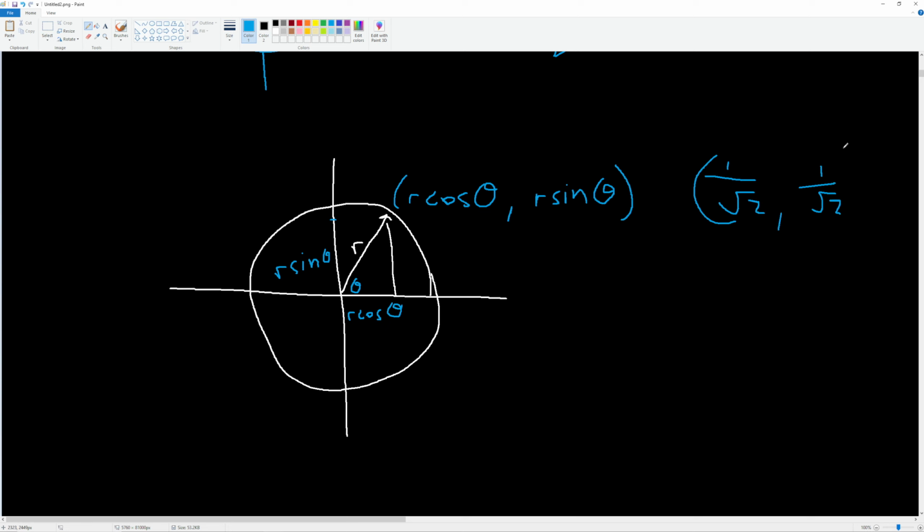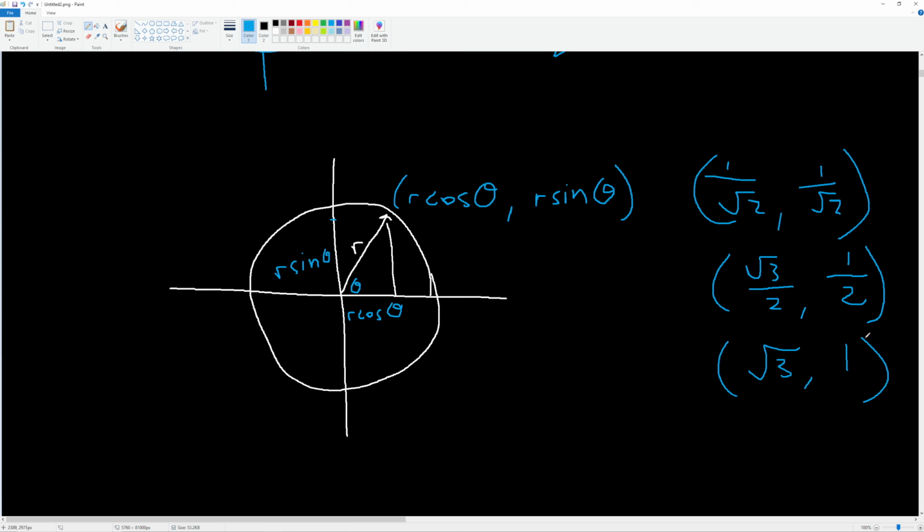Could be any numbers. Well, not any numbers. They have to be on a circle. You can have root 3 over 2 and 1/2. That's also going to be on a circle. We could do root 3 and 1, which will be on a circle.